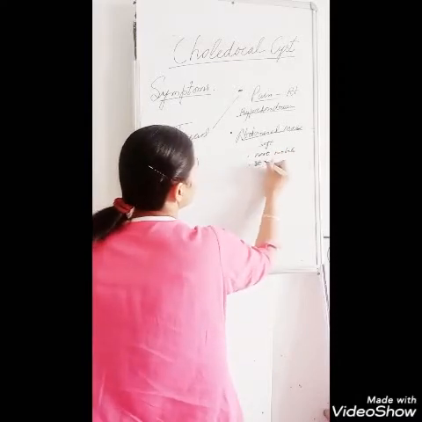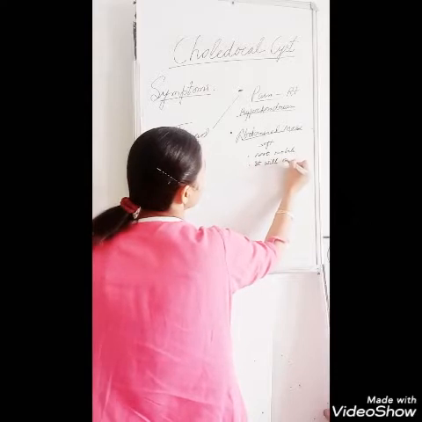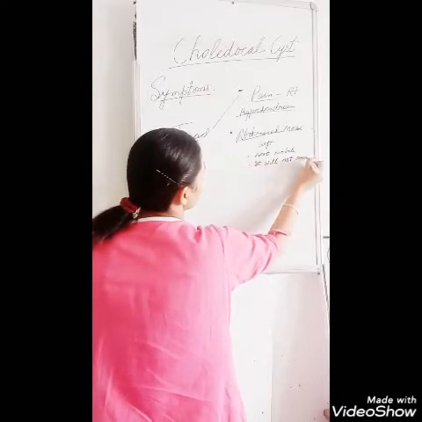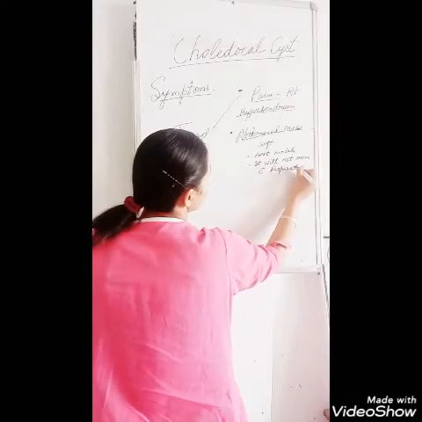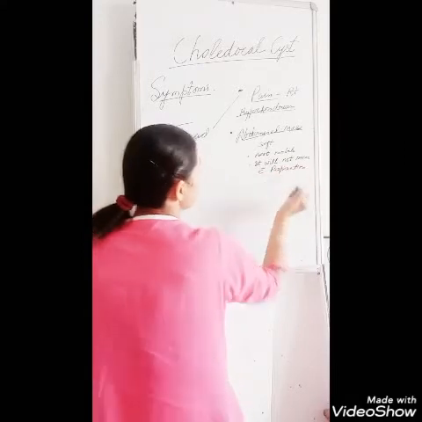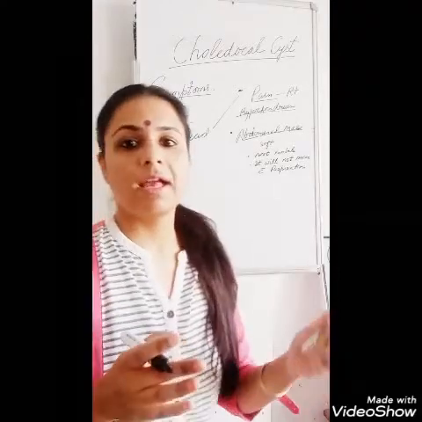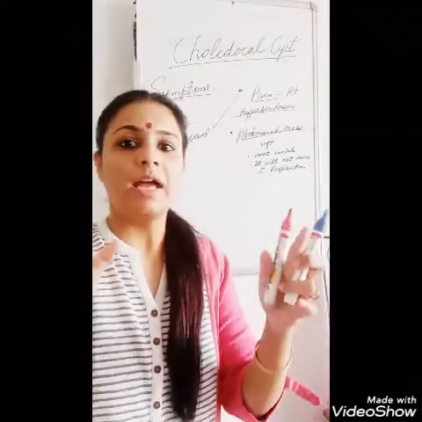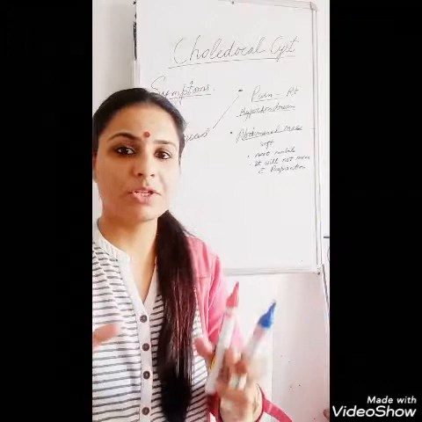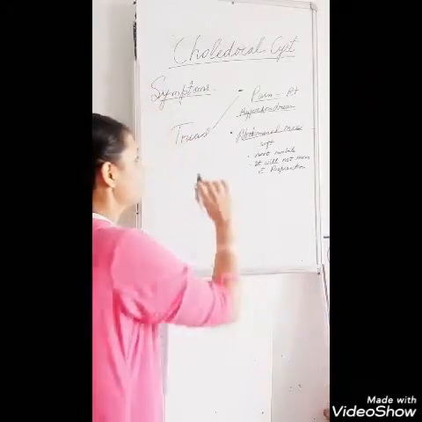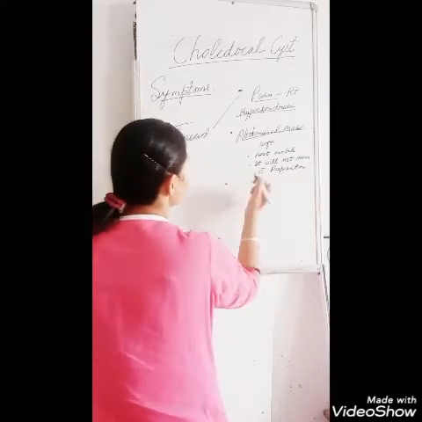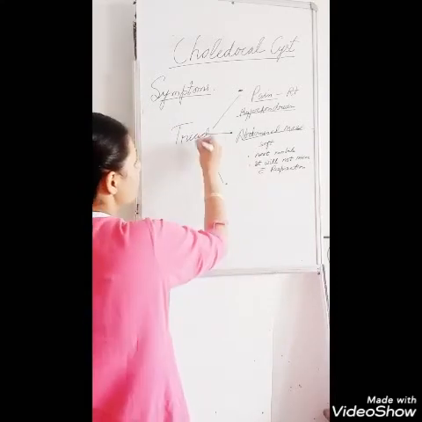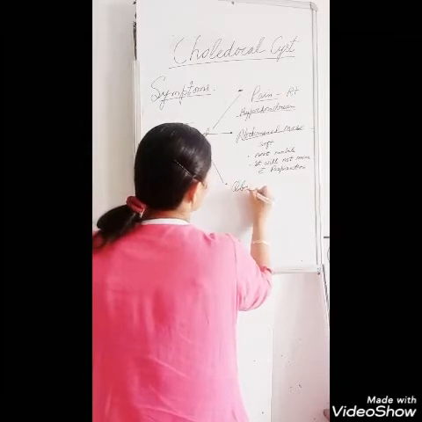It will not move with the respiration. Besides this pain and abdominal mass, the very important symptom which makes the triad is obstructive jaundice.